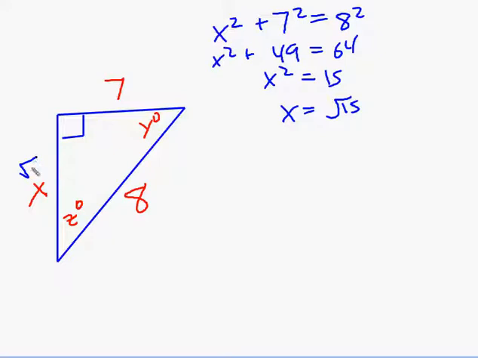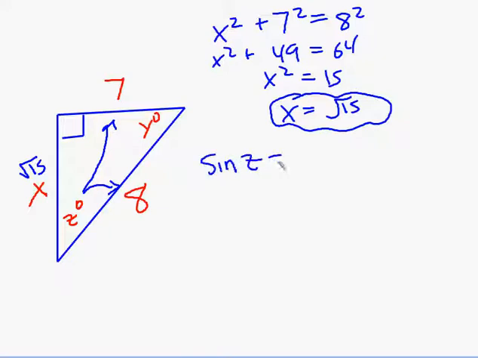Now, if I can, I'm going to avoid using things that I've calculated, so I'm going to avoid using that root 15. To find z, I have opposite and hypotenuse, so what do I write? Sine. Yep, so sine of z equals 7 over 8, and I'll inverse sine that.